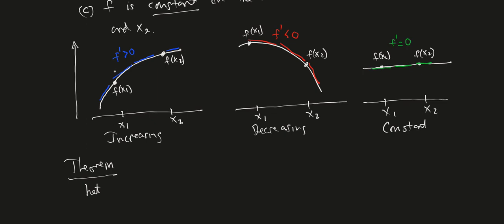So I have to talk about the function being differentiable. In other words, the derivative would have to exist for me to say whether the derivative is positive, negative, or 0, right? So you'll see that the hypotheses in this theorem are a little bit more than the previous one, where we were just giving a definition of the property. This essentially now gives us the connection with the derivative so that we can identify the property using the derivative.